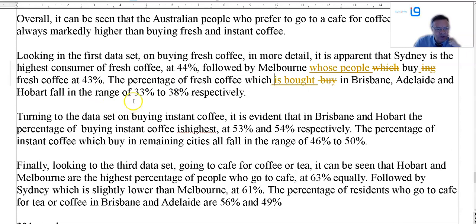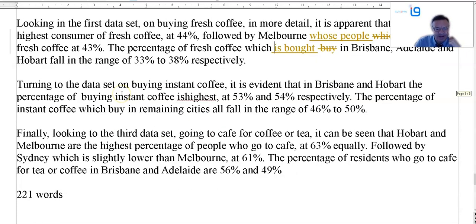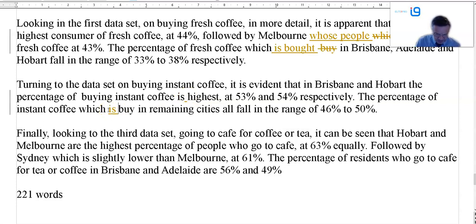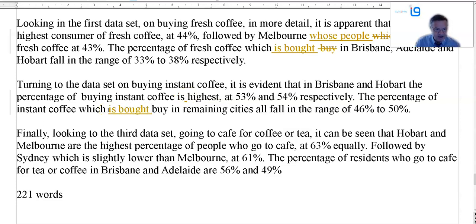Alright. "Turn to a data set on buying instant coffee." Well, it's not a data set really, is it? But okay, "evident Brisbane Hobart coffee is highest." Again, it needs to be passive, which is bought. If we don't know who is buying it, we've got to make it passive. Right, so going to a cafe.